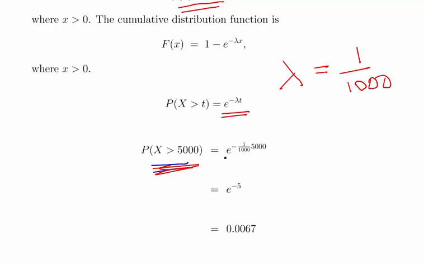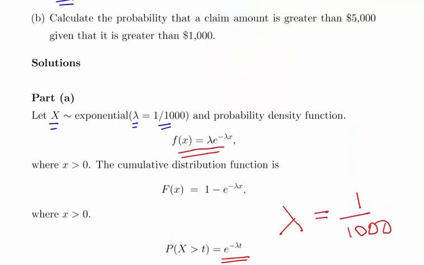So e to the minus 1 over 1,000 times 5,000. Essentially, we're dividing 5,000 by 1,000, so we get e to the minus 5, a bit of calculator work, and we get 0.0067. Okay, that's the answer to the first question.